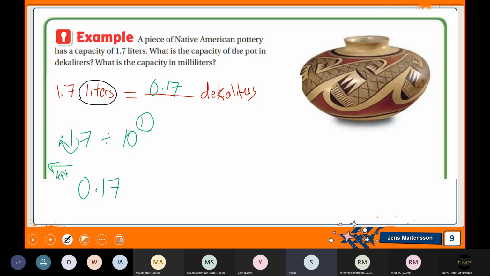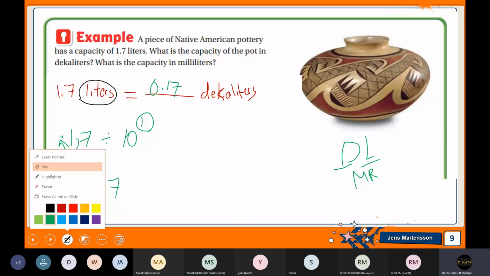Yeah, remember that, as she said, DL or MR, divide left. So the answer is 0.17 deciliters. Is it clear? Yeah. Okay.